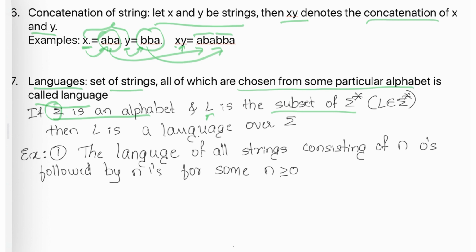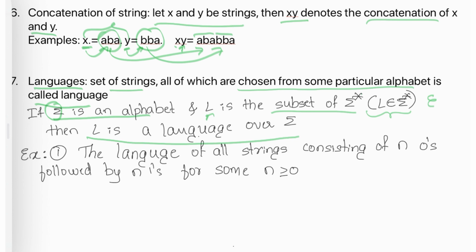So here star indicates inclusion of this epsilon. So L is the language which is the subset of this summation star. So that can be represented like this. Then L is a language over summation.